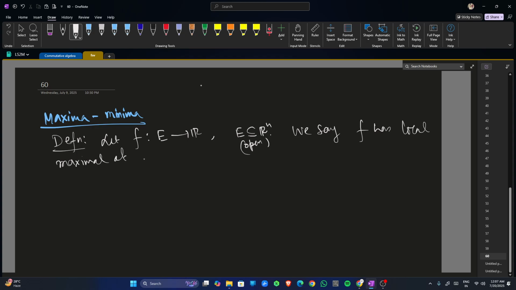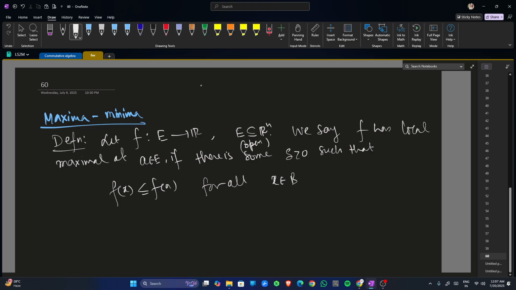Local maxima at a belonging to E if there is some delta greater than 0 such that f(x) less or equal to f(a) for all x belonging to B(a, delta), which is a subset of E.